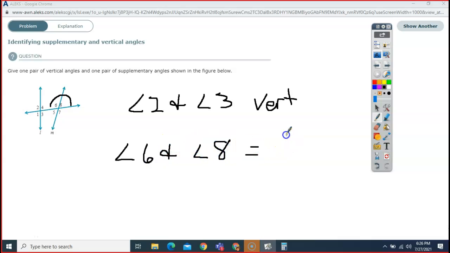They will be considered supplementary. Make sense? Yes, ma'am. Okay, so if they're side by side sitting on a straight line, they're supplementary. If you have to cross through the X, they're vertical.